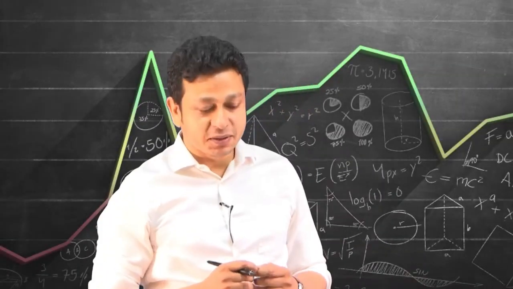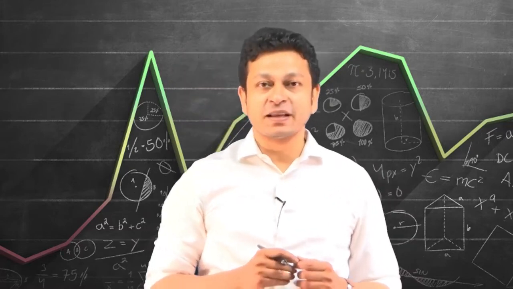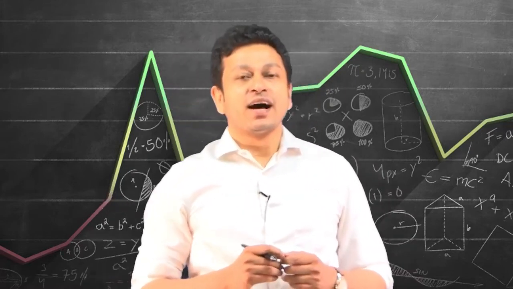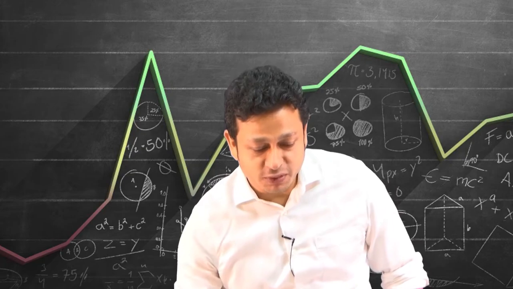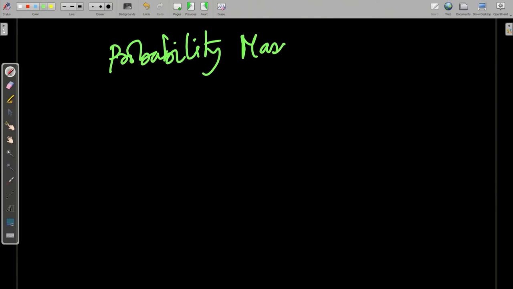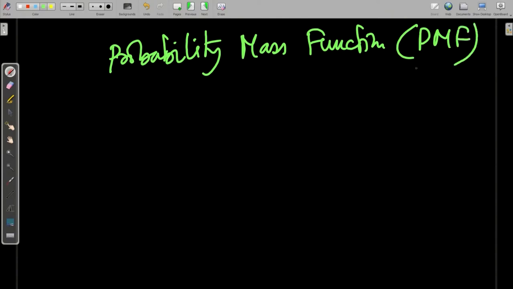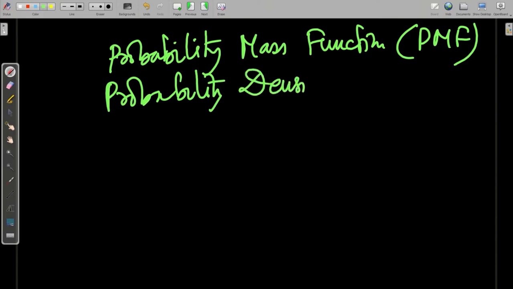We have been talking about the probability distribution for discrete random variable and continuous random variable. Now, we need to talk about a couple of more functions, and these are called probability mass function, or PMF, as we famously call it, and probability density function, or PDF.